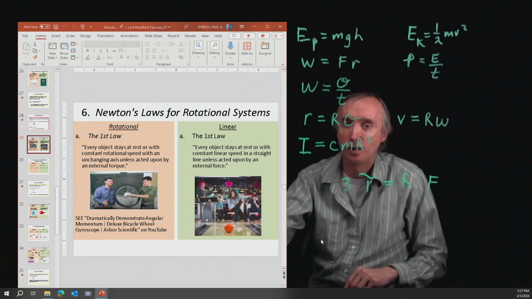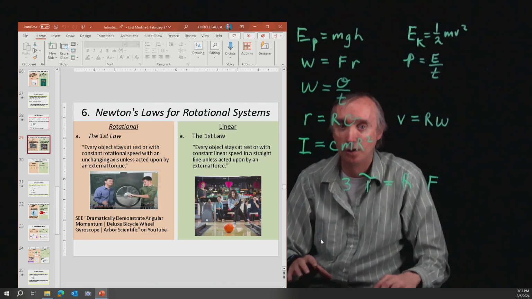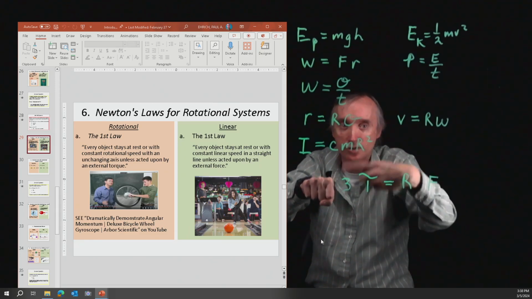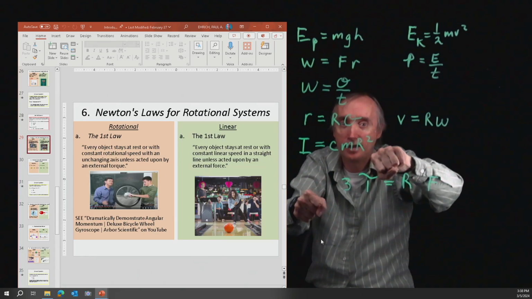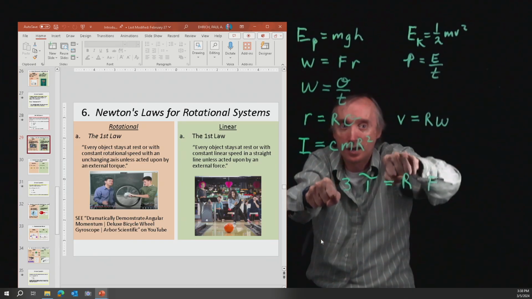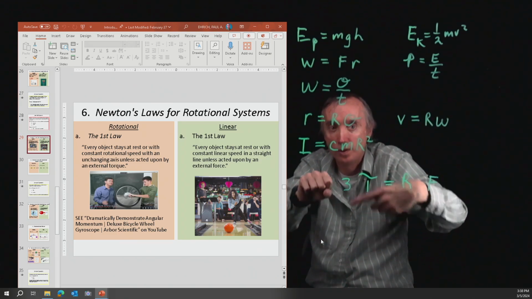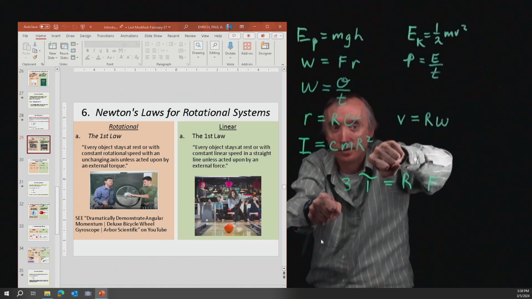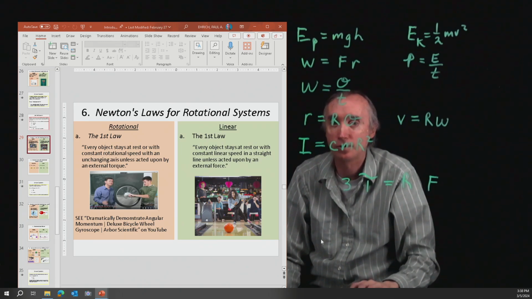You can look on the internet and find a video where somebody is holding a rotating wheel and tries to twist it, and they say it's hard to do. It's hard to rotate that wheel to get that axis to change, because the axis always wants to point in the same direction.